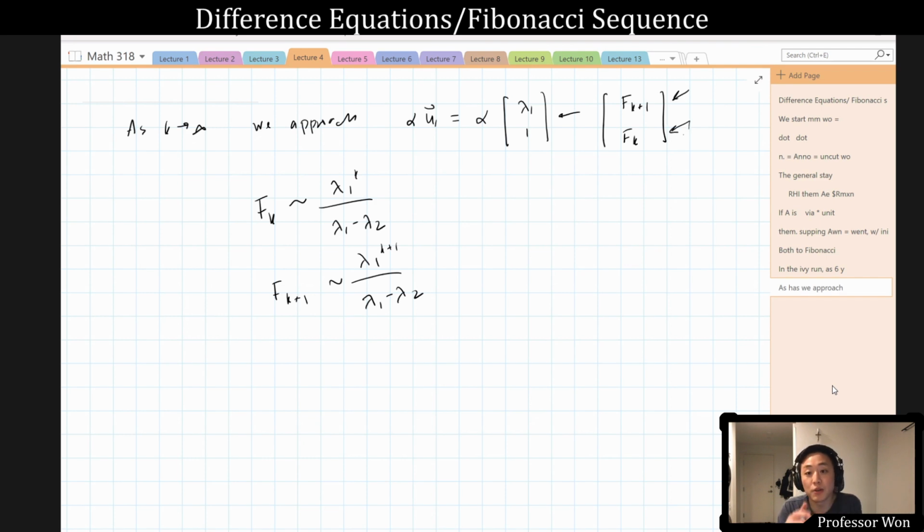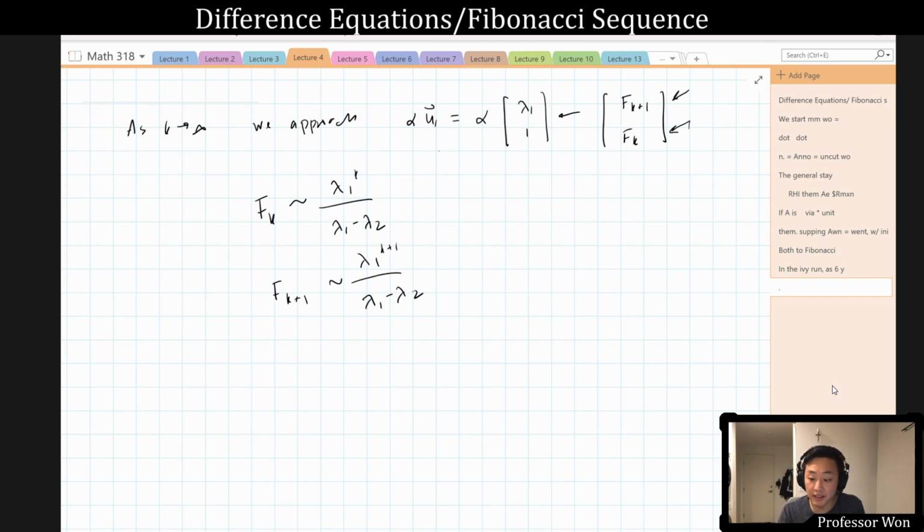In other words, the ratio of consecutive Fibonacci numbers should be roughly lambda 1, which is the golden ratio. Or another way to say it is, once we've understood the behavior in terms of the linear algebra, then we know that the terms are roughly lambda 1 to the k over some fixed constant, which means that as you go, you're multiplying by roughly lambda 1 every time.